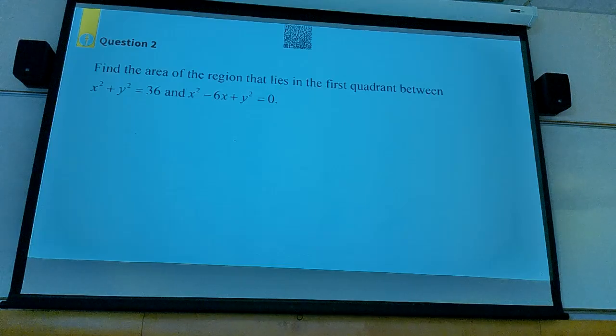So let's finish up with double integration. Okay. The area region lies in the first quadrant between those two curves.